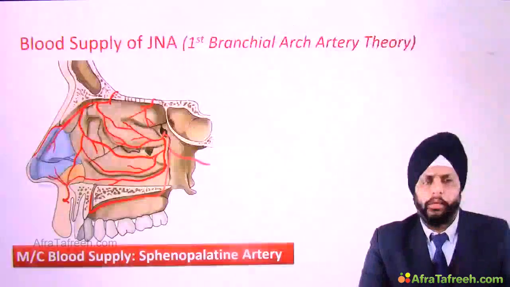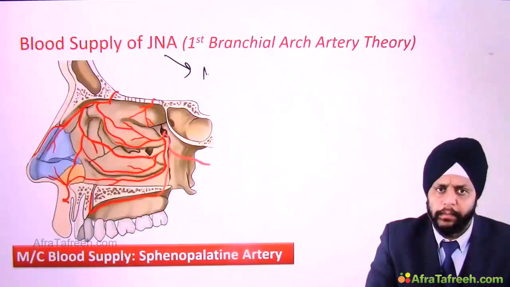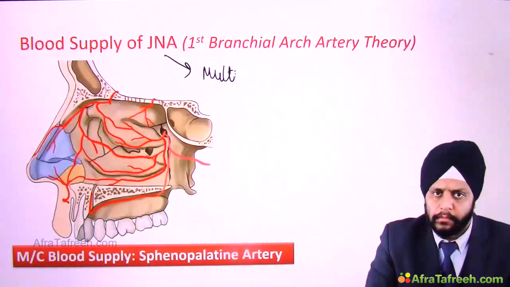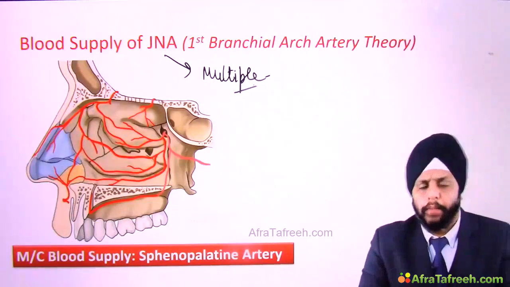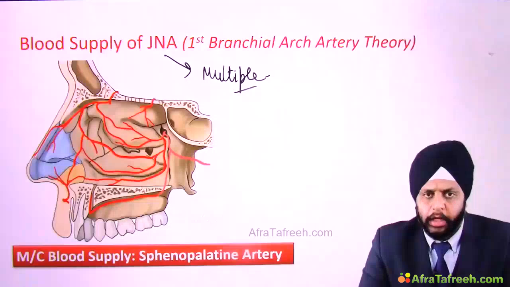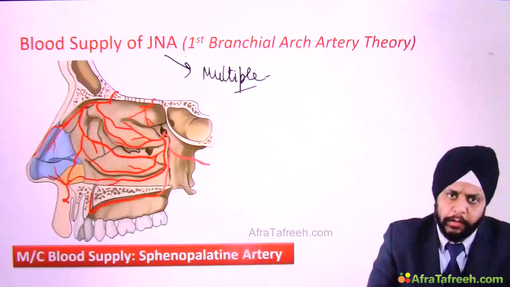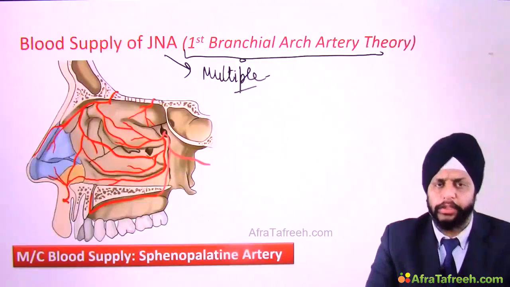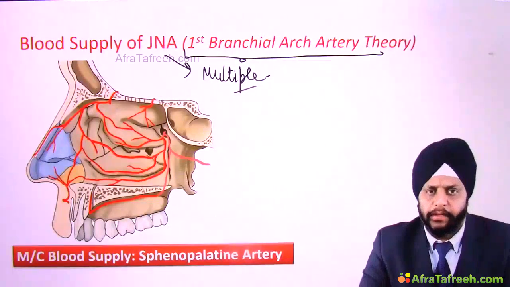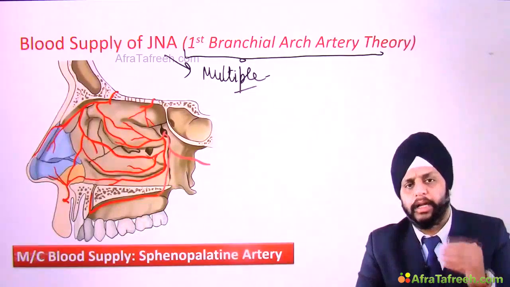Okay, now the blood supply, as I said, in JNA is multiple blood supply. Right? But we have a theory for origin of JNA. Now the most accepted theory published now is the first branchial arch artery theory. Now what does this theory say? This theory says that the JNA arises from the first branchial arch artery.